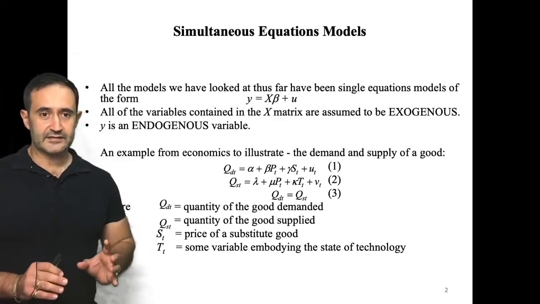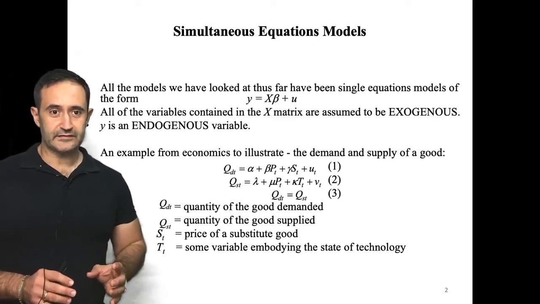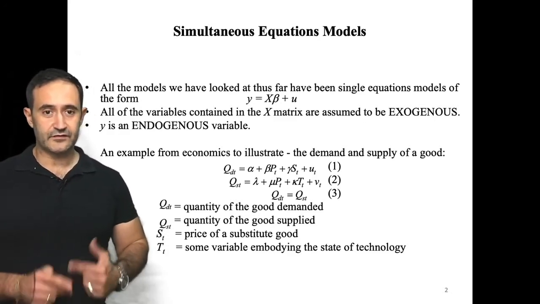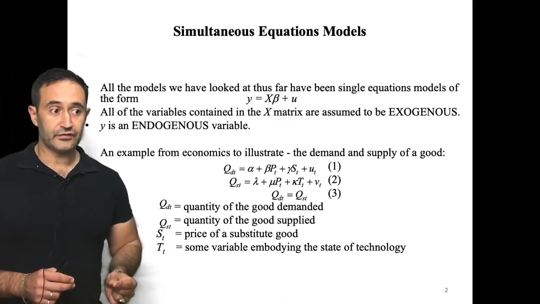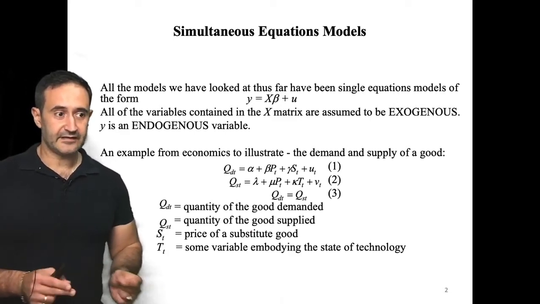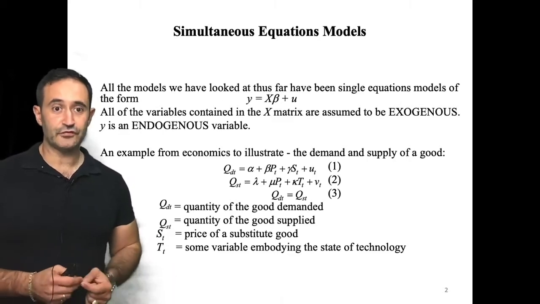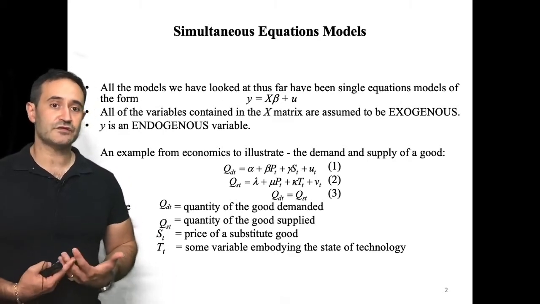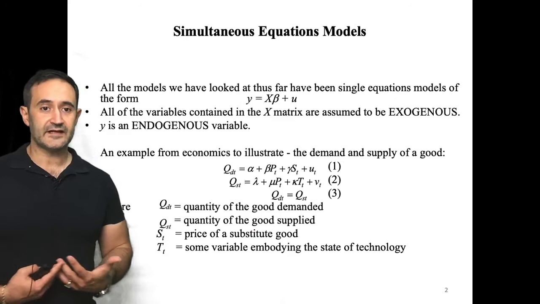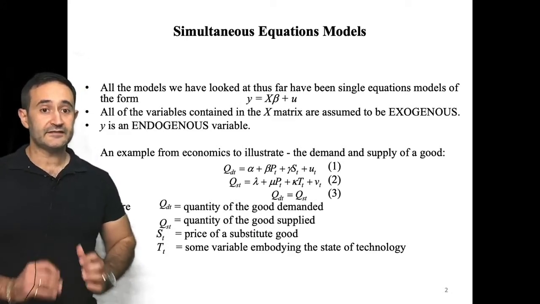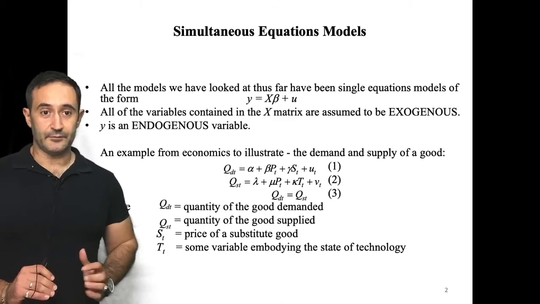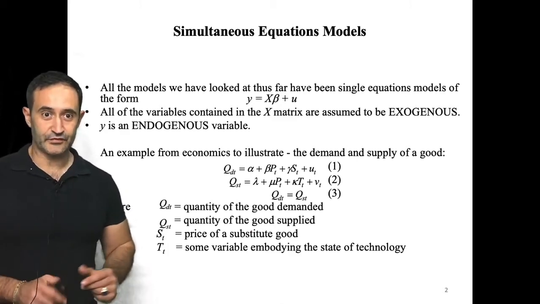But in econometrics, what we try to do in this modeling is the other way around. We actually know Q and P, but we don't know the Greek letters: alpha, beta, gamma, kappa, etc. We want to estimate them because we want to understand the relationship between quantities and prices.